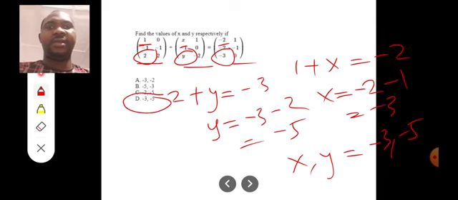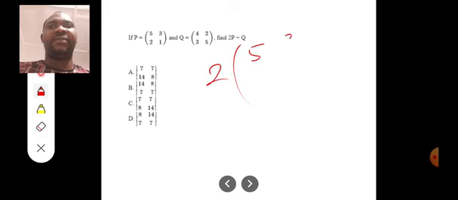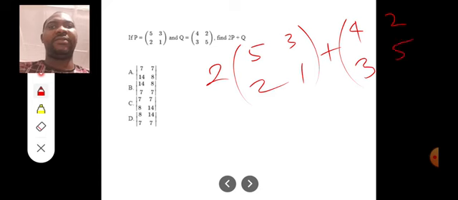Okay? Beautiful. Now look at another question here. If P equals 5321 and Q equals 4235, we are asked to find 2P plus Q. 2P plus Q will mean 2 into 5321 plus Q, which is 4235.